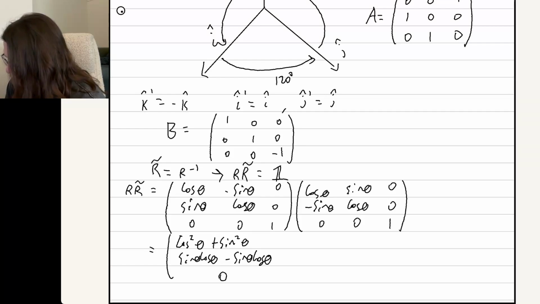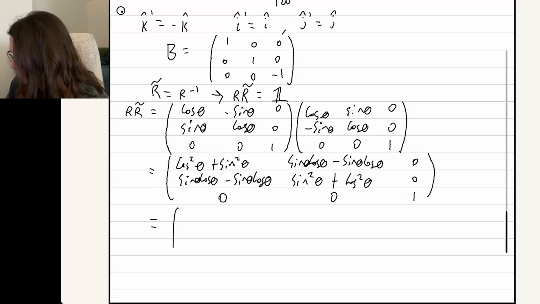Then this is going to be cosine theta times sine theta, and then minus sine theta times cosine theta, so minus sine theta cosine theta, and then 0, and then this is going to be just sine squared theta plus cosine squared theta, and then this is 0, and so are these, and this is 1.